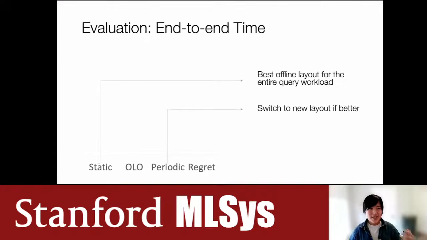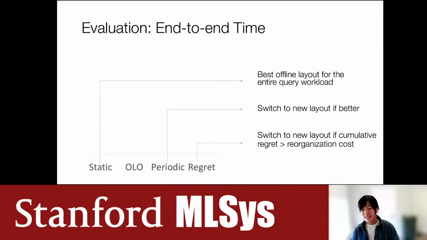Periodic means that periodically you evaluate whether you should build a new layout, and if it's better, you switch to it. And regret means that you keep track of the cumulative regret, or performance difference, between your current layout and alternatives, and switch to alternatives if the regret is larger than the movement cost.